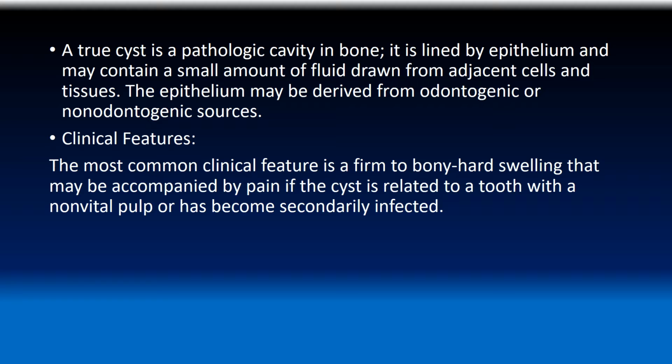This is something very important to realize: many times in a dental setting, a patient who comes to us with an odontogenic cyst realizes that there is a cyst because of this bony hard swelling, more likely than pain. Pain only arises later if a tooth becomes non-vital or if the cyst itself becomes secondarily infected.